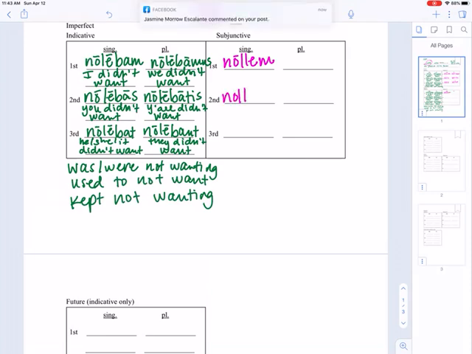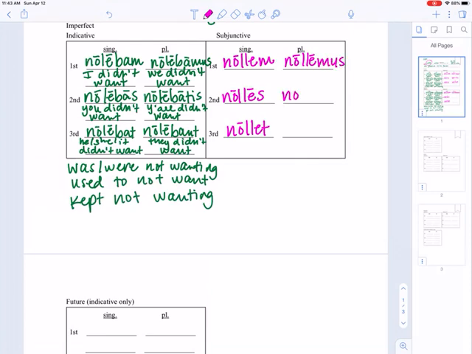For second singular, you're going to have macrons over both vowels, but not the same for third singular. Okay, you'll just have it over the O. First plural, we go back to both the E and the O. Second plural, the E and the O. And then third plural is just the O. Okay?